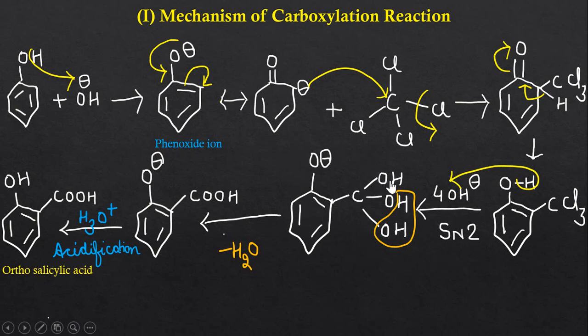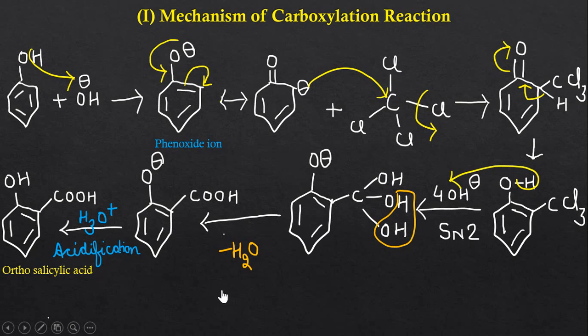Here also three OH groups are present on the same carbon atom, so it is unstable, and one molecule of water is removed and we will get COOH group. Now in the final step, acidification occurs and we will get ortho salicylic acid.